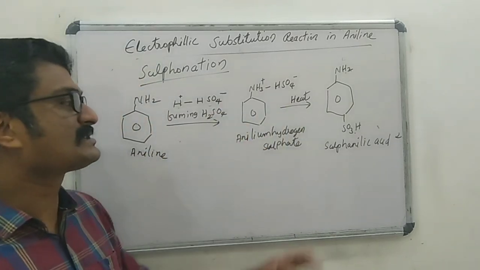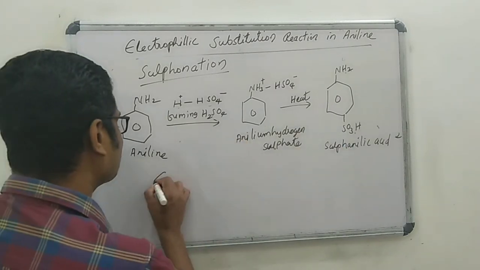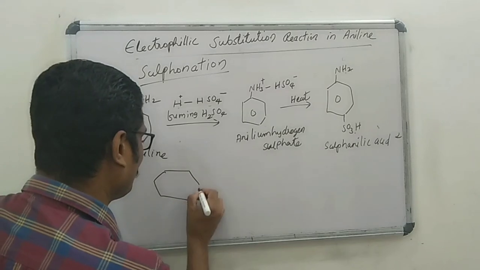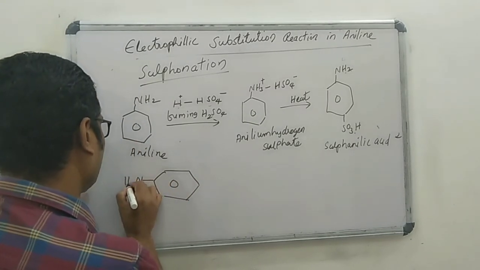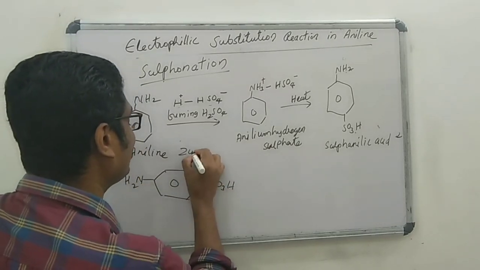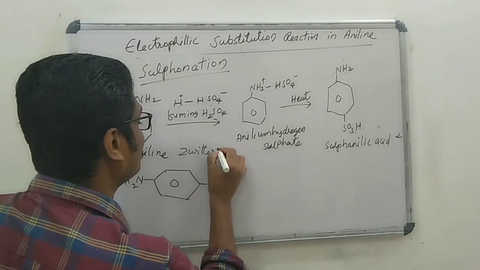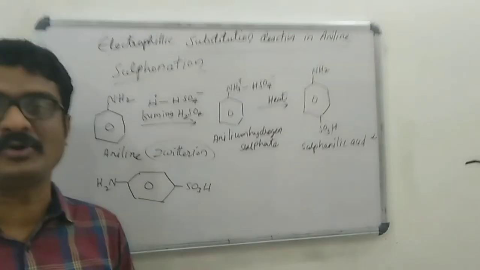Then this sulfanilic acid is an example for zwitter ion, a very important term. What is meant by zwitter ion?